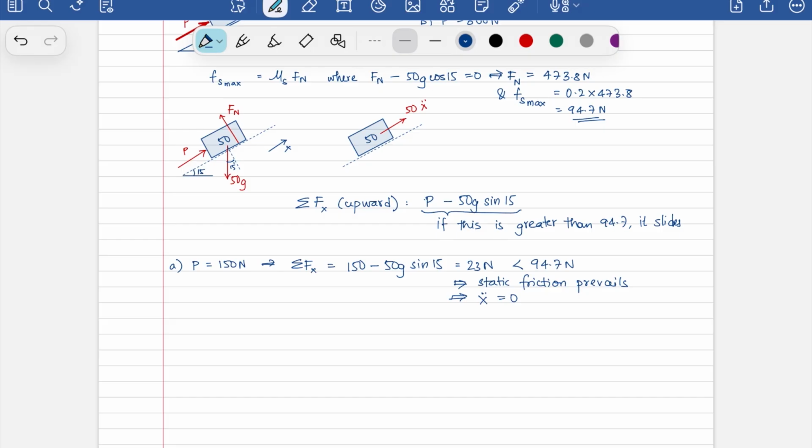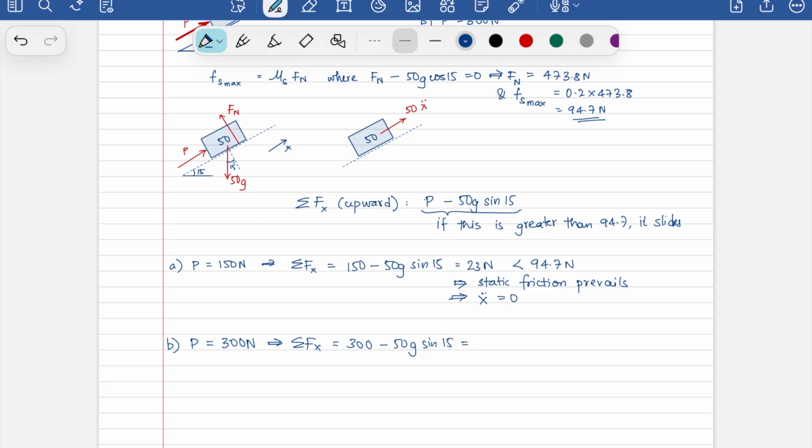The second case is wherein P is equal to 300 newtons. Now in this case, your sum of forces upward is equal to 300 minus 50g sine 15.